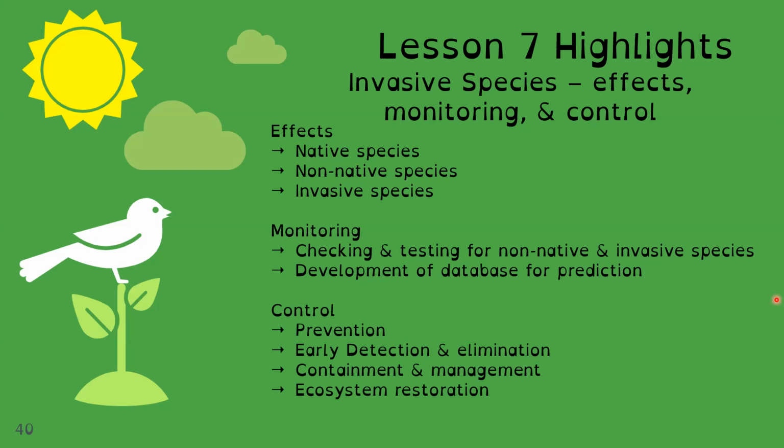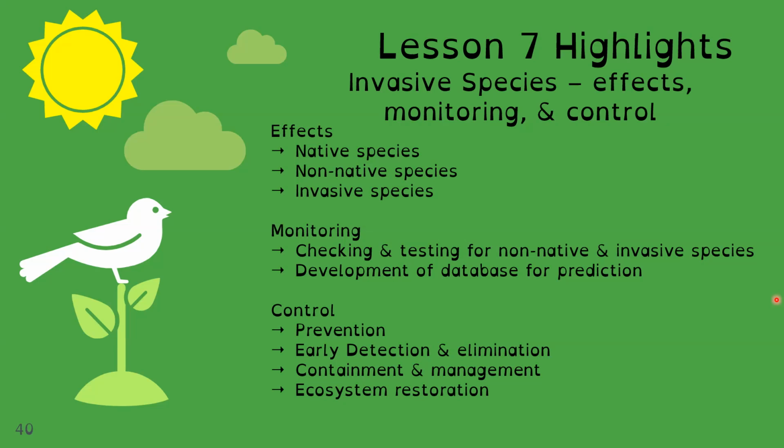Then we have talked about control, and the 4 elements of control. The first would be prevention, so hopefully preventing invasive species from taking root and becoming invasive in our areas. The second prong is early detection and elimination.